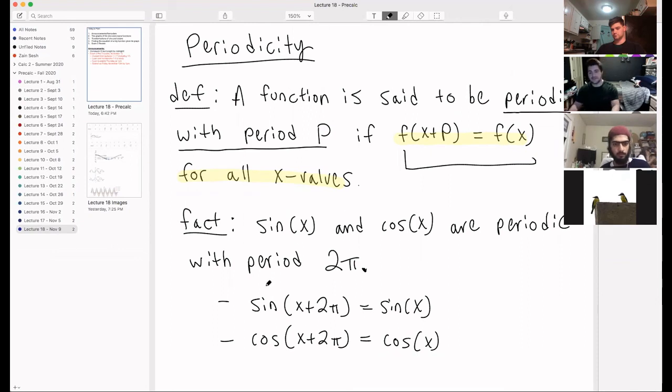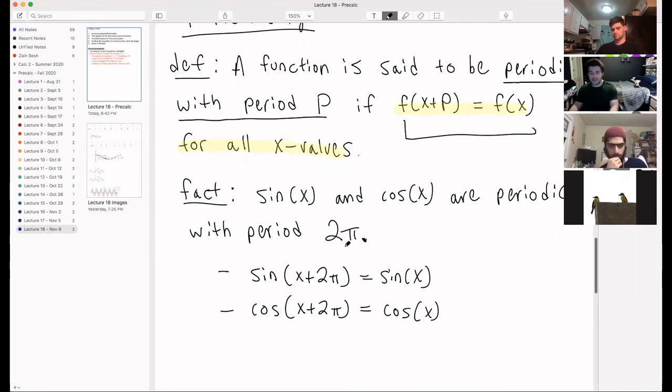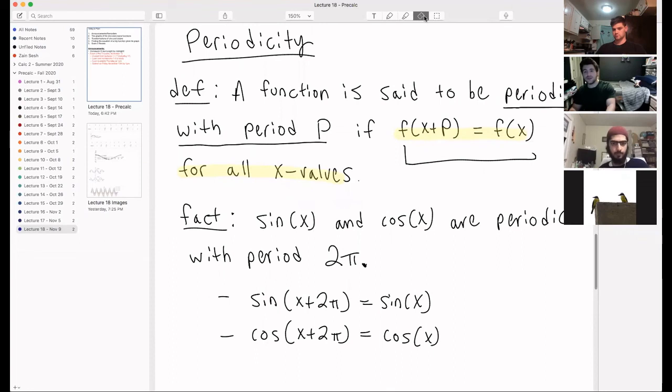For sine and cosine, P is 2 pi. So you see I'm evaluating sine and cosine at x plus 2 pi, but getting the same output as if I was just evaluating at x itself. That's what periodic means. It means I can shift my function horizontally to the left or right by P units, and I end up at the same y value.